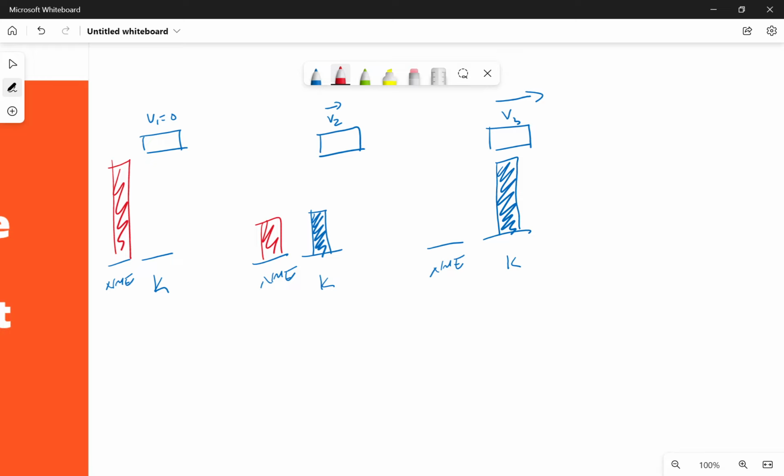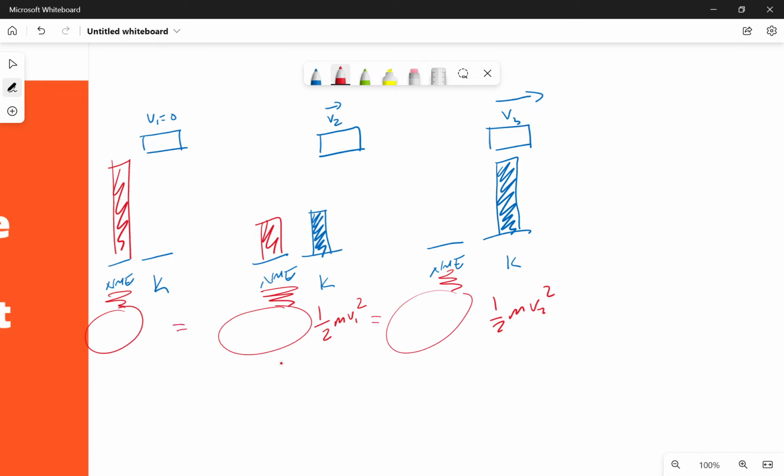That's perfectly acceptable, but I have a problem: I don't know how to quantify non-mechanical energy. How can I calculate that? Kinetic energy, if I had numbers, is 1/2 mv squared, and this is 1/2 mv squared. But I would need something to plug in here to be able to set these equal and do all my energy conservation work, and I don't have anything.